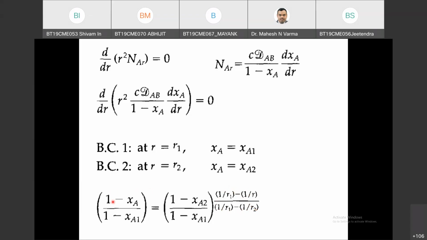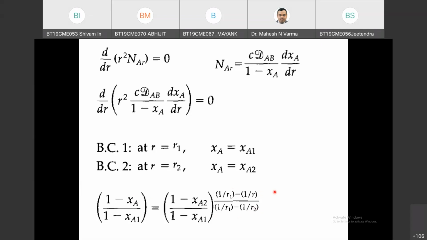Substituting properly and rearranging the equation, this equation is giving me the variation of XA with R, with given values of XA1 and XA2 at R1 and R2. So this is the concentration profile when temperature is constant.